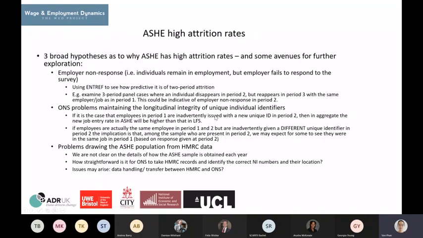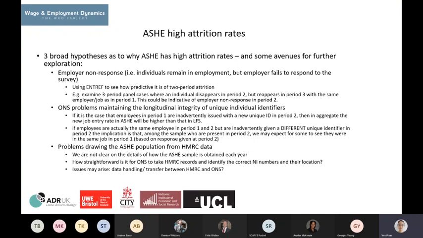And then we put forward three hypotheses as to why ASHE has a higher attrition rate. I think the main reason is the employer non-response. This means that individuals remain in employment, but the employer fails to respond to the survey.